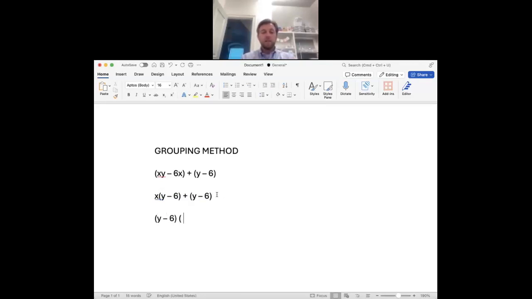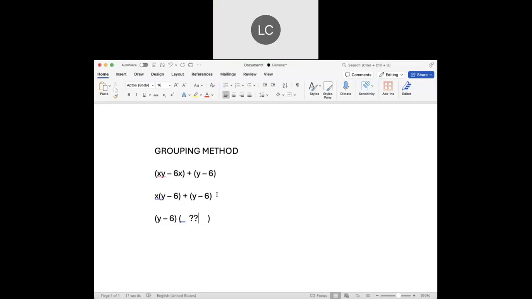Take that y minus 6 and put it in front of an empty set of parentheses. The question is, what goes inside? X plus 1. Whoa. Where did that 1 come from? I'm getting my logic from the distributive property mostly.